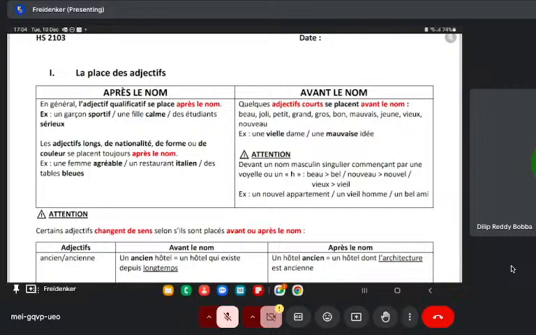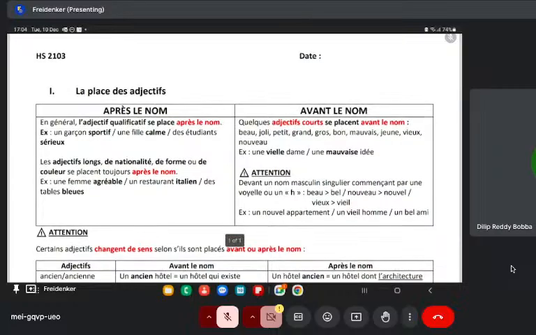Or if it's talking about the color as well, so we place it after the noun. All our colors we place it after the noun, right? So we've seen les cheveux blonds, so you're placing the color adjective after the noun. So everything in general after the noun.